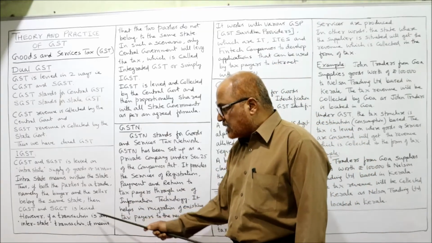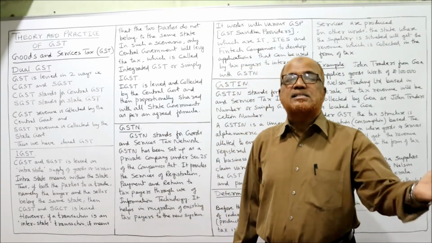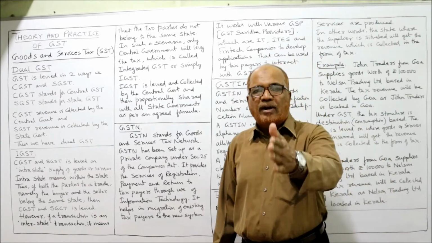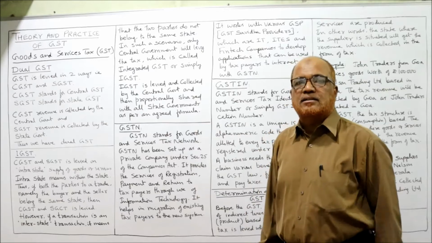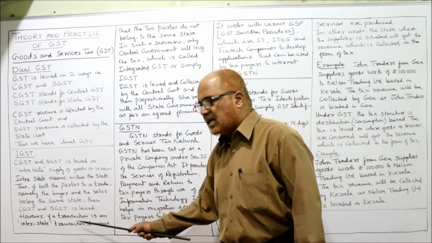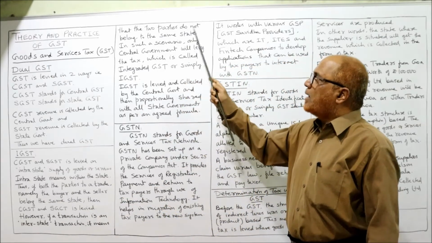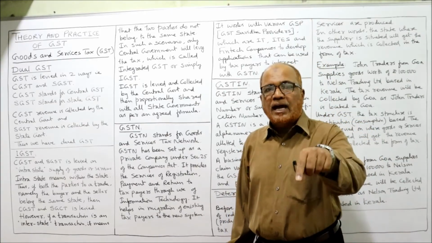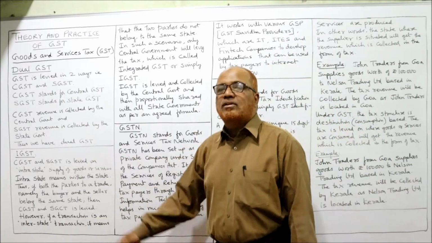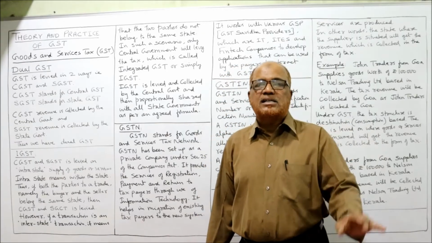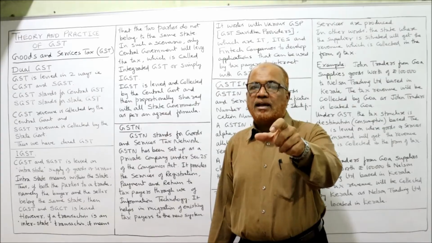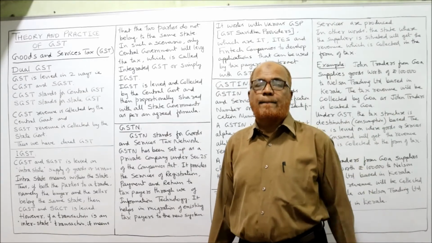However, if a transaction is interstate, between one state and another state, it means that the two parties do not belong to the same state. In that case, IGST, Integrated GST, will apply and it will be collected by the central government.